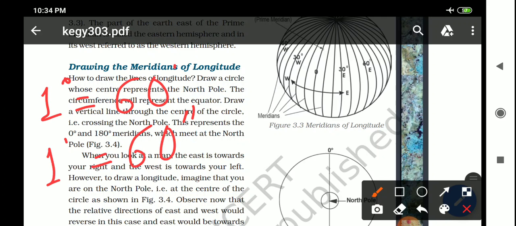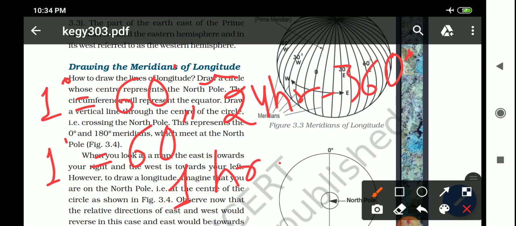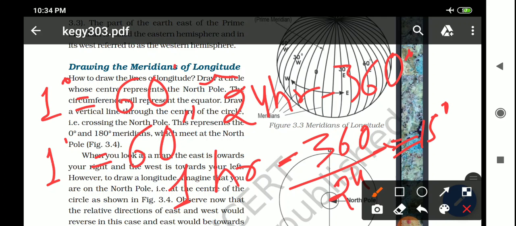A whole rotation takes 24 hours, so it means 360 degree. Clear? So for 1 hour, we can reduce it: 360 divided by 24 gives 15 degree.